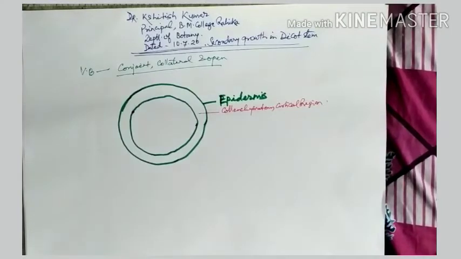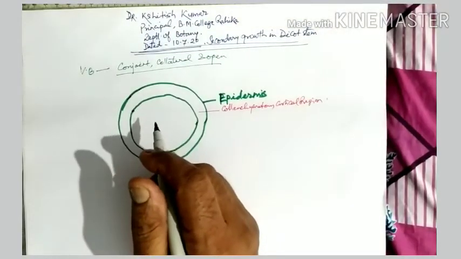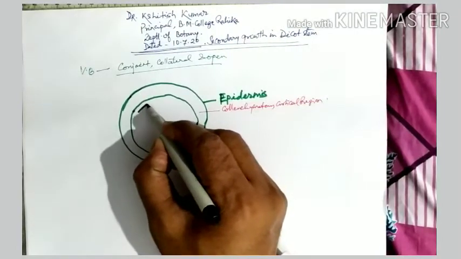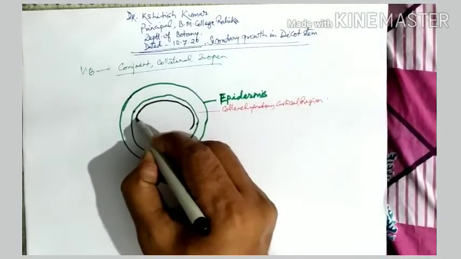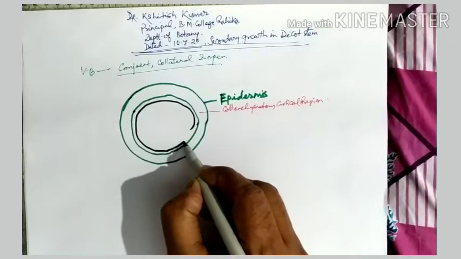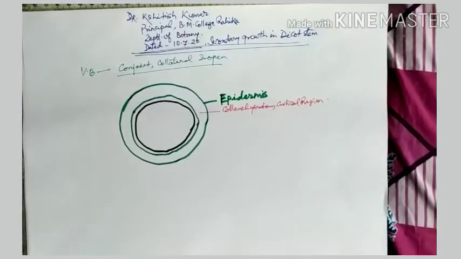Next is the zone of parenchymatous cells. Here these cells are parenchymatous.